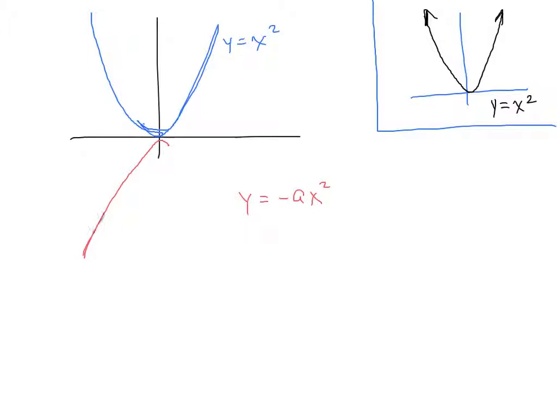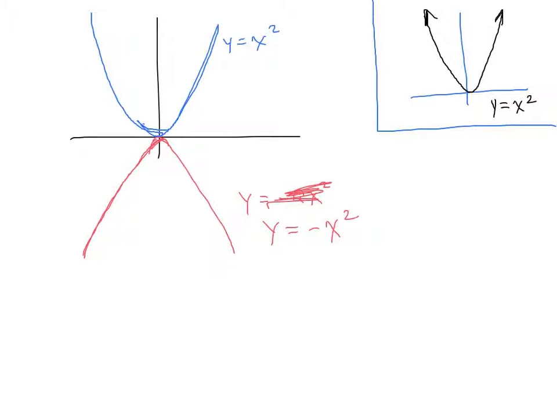Well, again, there we go. Kind of like that. It will be a mirror image of the blue. So that's the graph of y equals negative x squared, because I flipped the graph of x squared.